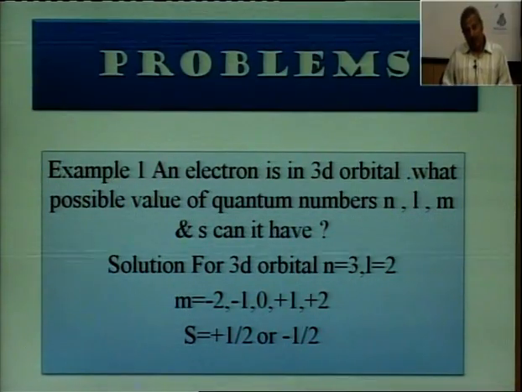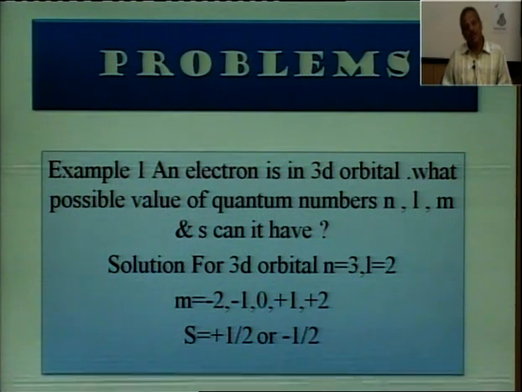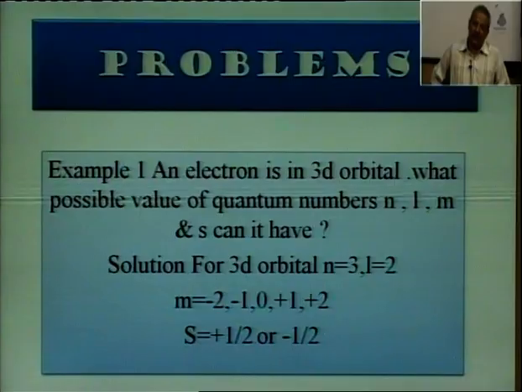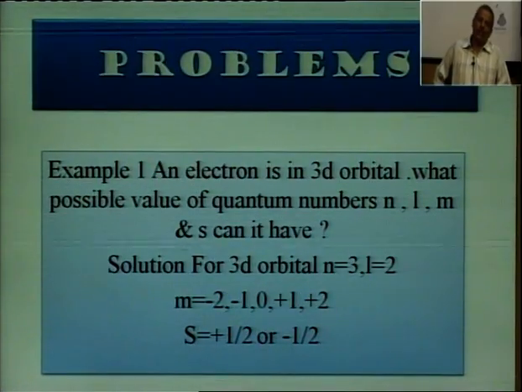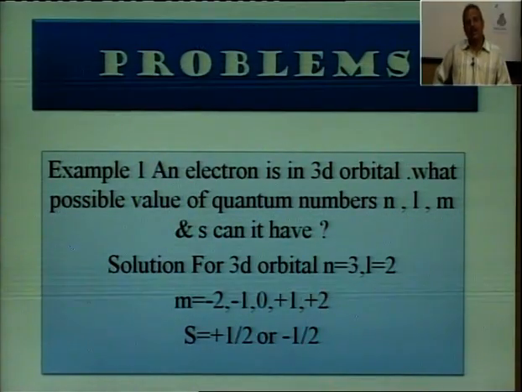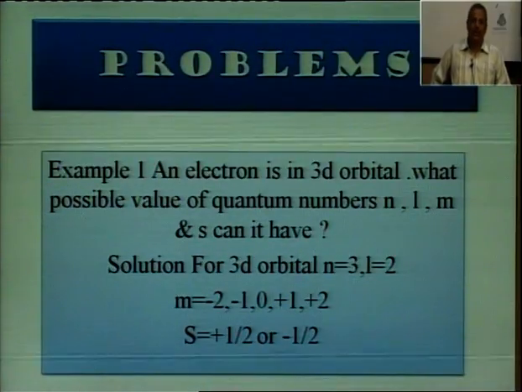If n is 3, then the azimuthal quantum number can have the values 0, 1, 2. The electron is present in the d orbital, which means the value of L is 2.